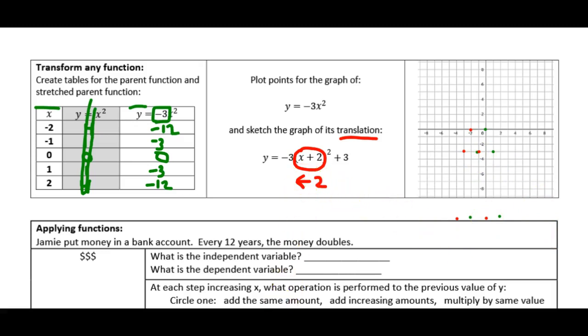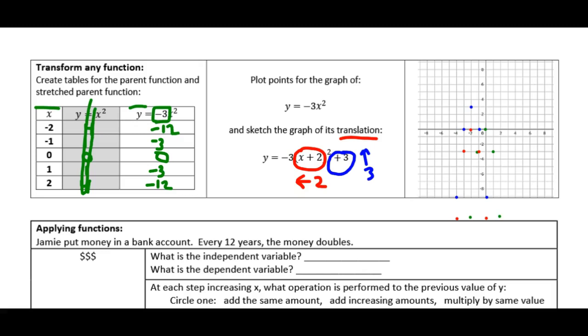And then we are going to do the 3 up. So the +3 at the end is going to go up 3 units. So every one of those dots is going straight up 3 on the graph. That actually brings these back in range because it went from -12, it goes up 3, up to -9. So these are now going to actually be visible. So we really only need to graph our final one here.